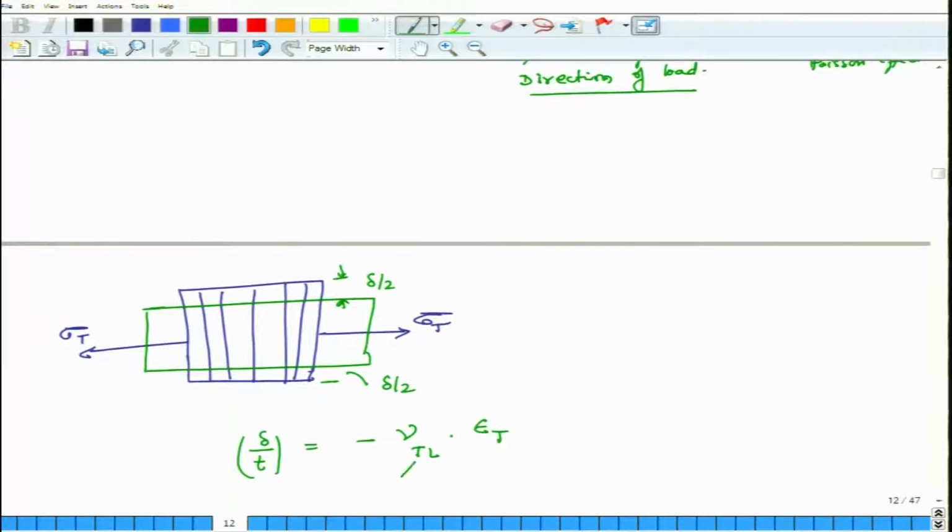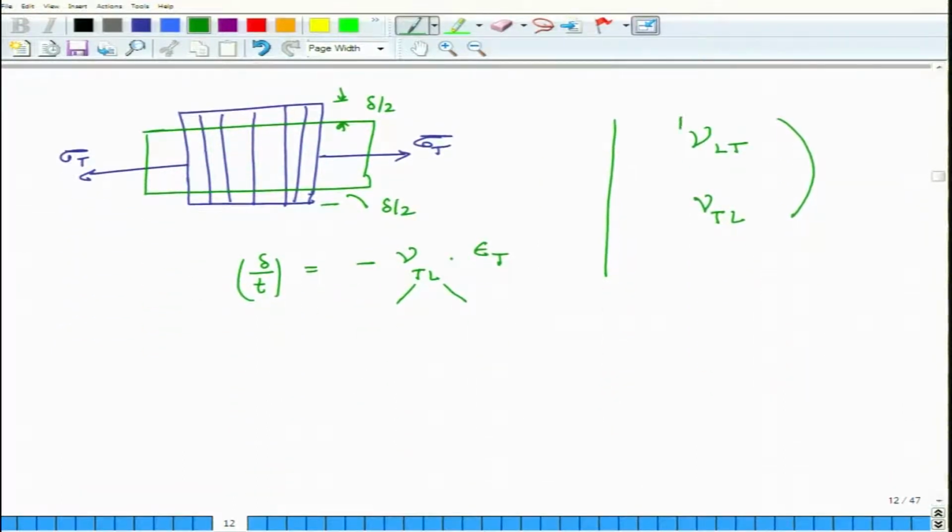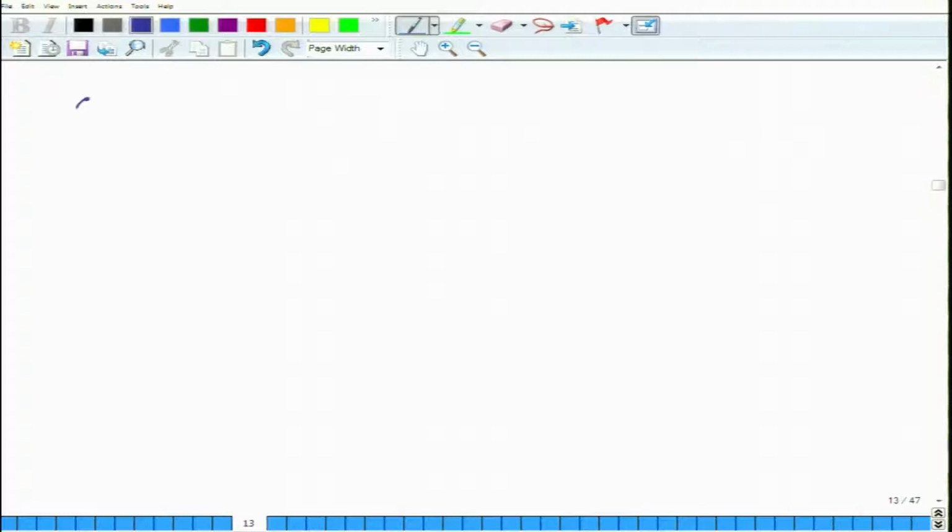Once again the loading is in the transverse direction and the reduction of thickness is happening in the longitudinal direction. So, we have to be careful, there are two values, one is nu LT and the other one is nu TL. What we will learn today is how to compute nu LT.